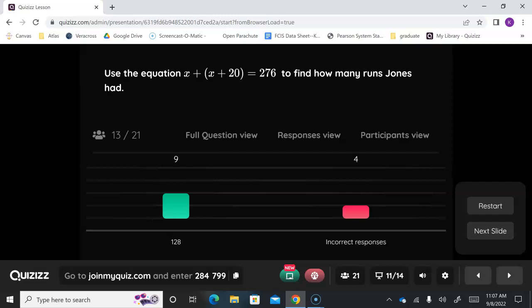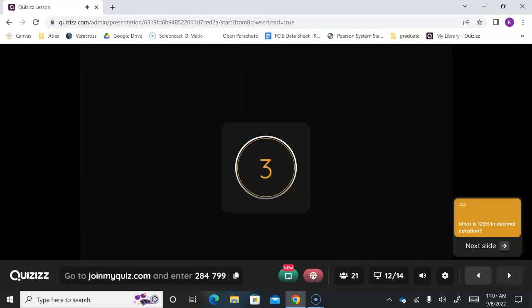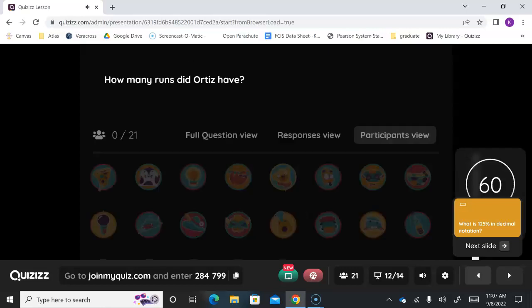Now, using that information, how many runs does Ortiz have? Jones has 128. How many runs does Ortiz have?